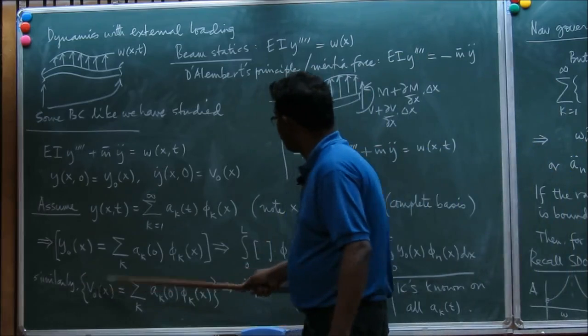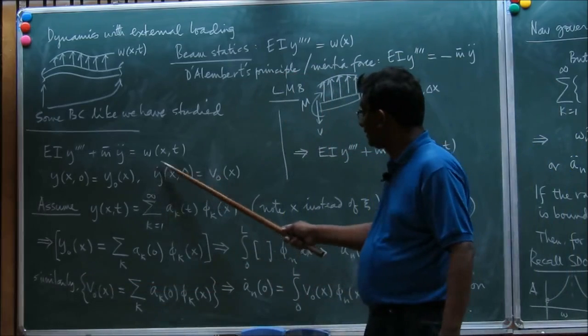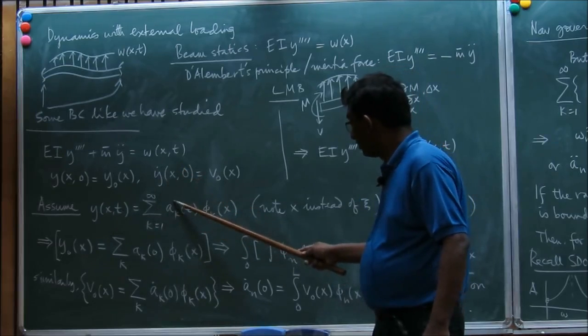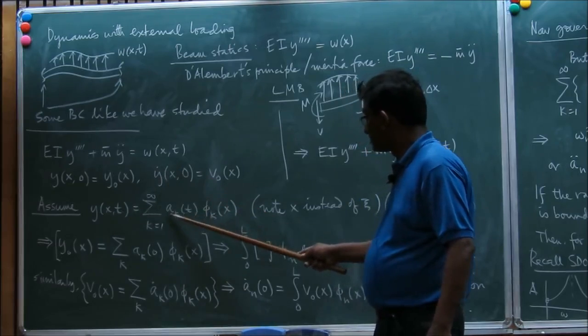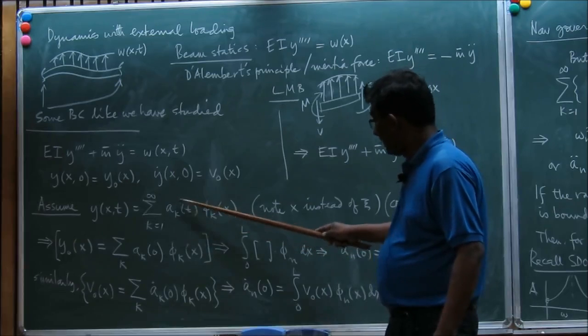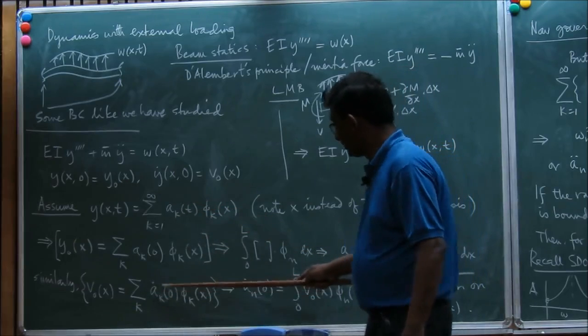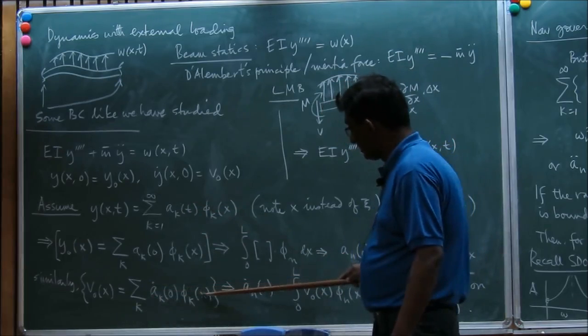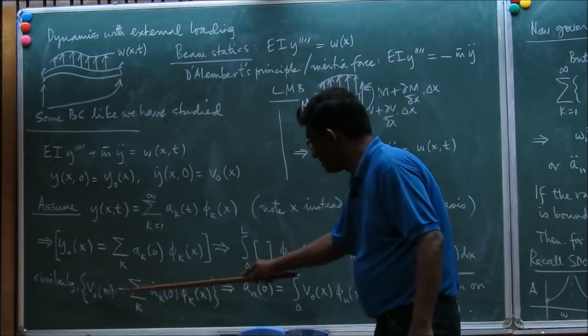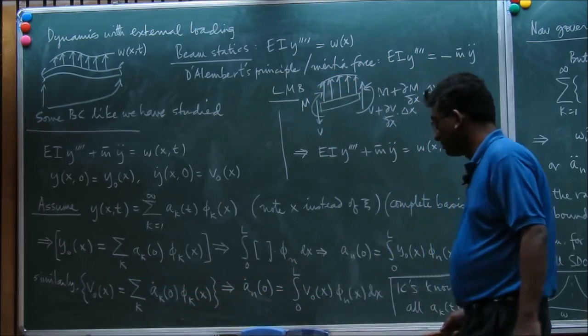Similarly, v0 of x, this is y dot. Y dot over here is just a k dot at time t equal to 0. So whatever a k dot is at time t equal to 0 is to be found. That appears in this sum over here, a k dot at 0 times phi k of x summed over k. This sum is equal to v0. I put it inside curly brackets.